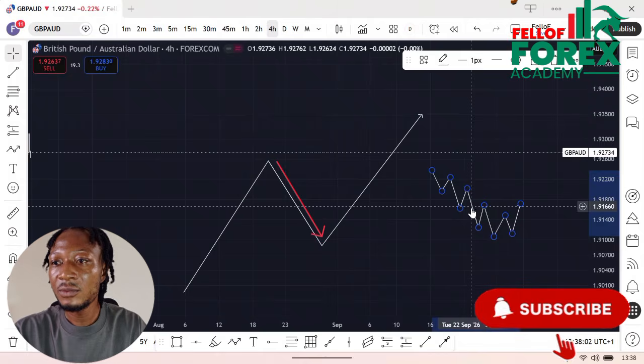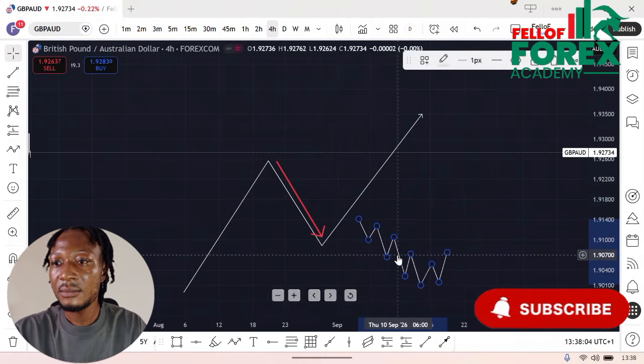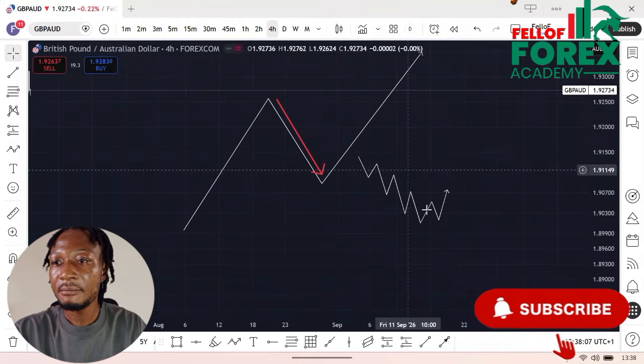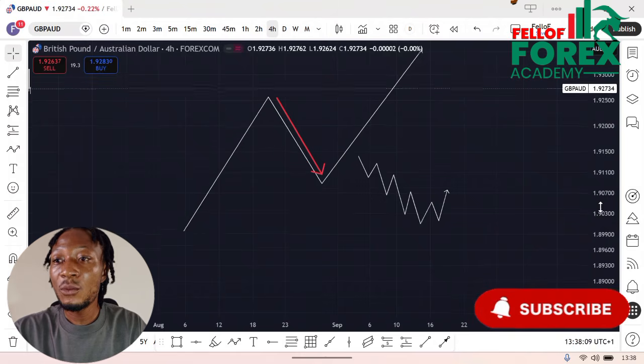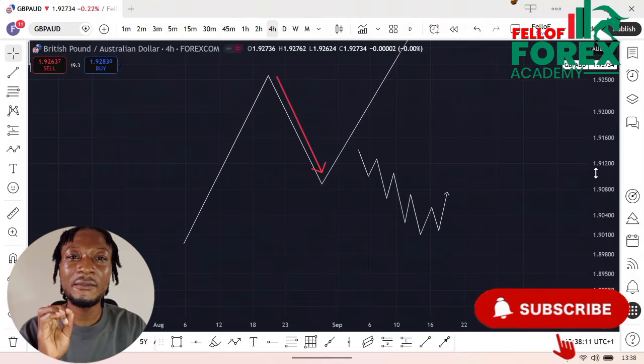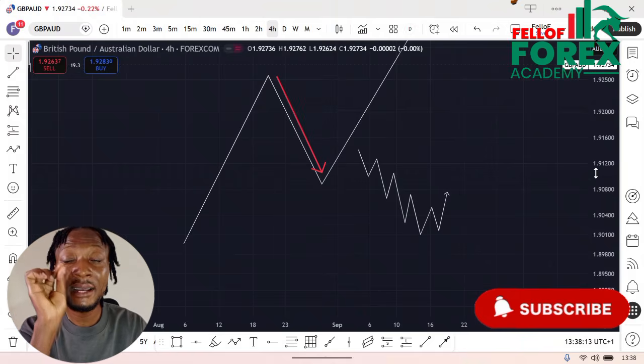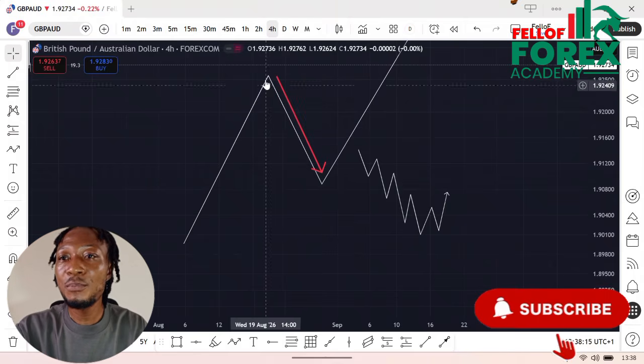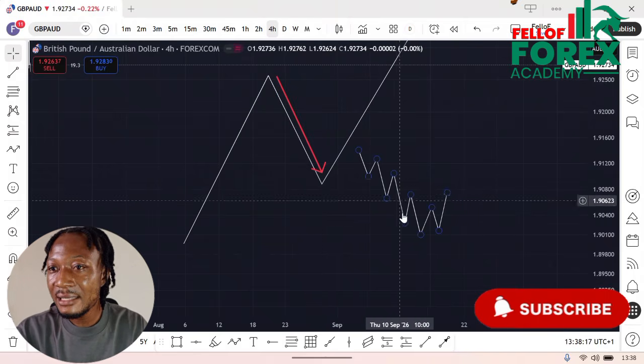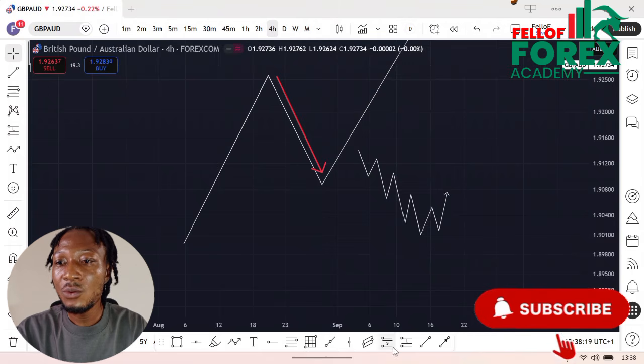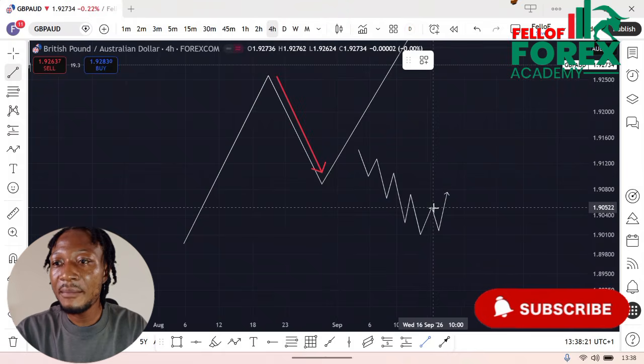I want us to move this closer, and then, yeah. So this is exactly what we are looking for on the lower time frame, because we are looking for a sniper entry. All right, so this pullback, this is it, okay? Now what do you do? Once you see it, you then mark out these highs, okay?